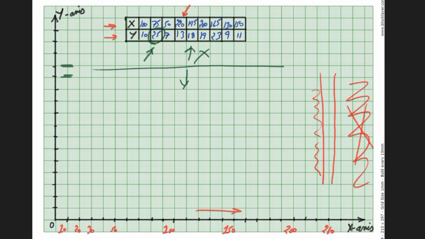Let me try, for example, 2, 4, 6, that will be 10, 12, 14, 16, 18, that will be 20, 22, 24, that will be 26, 28, 30. Fair enough. So the biggest number on the y-axis will appear somewhere in this range.